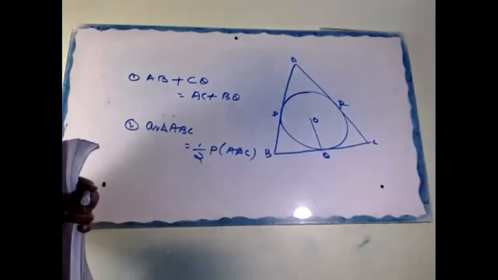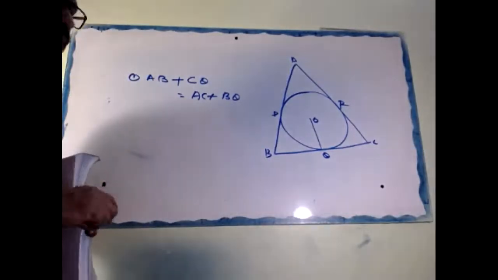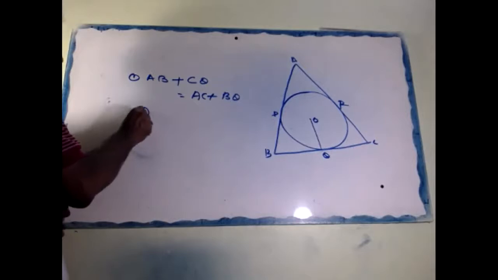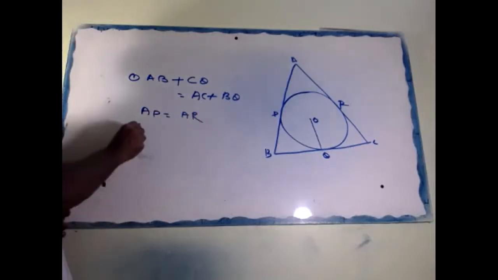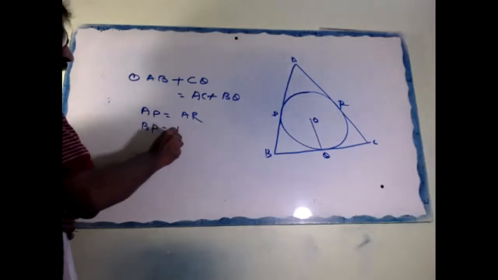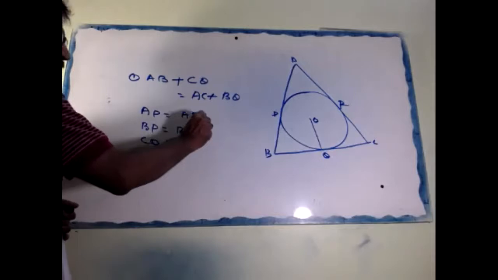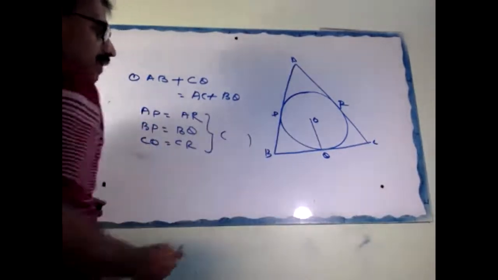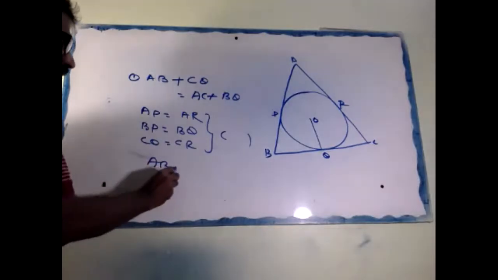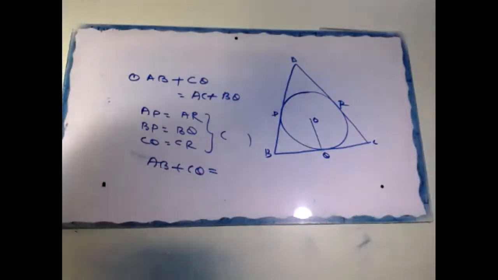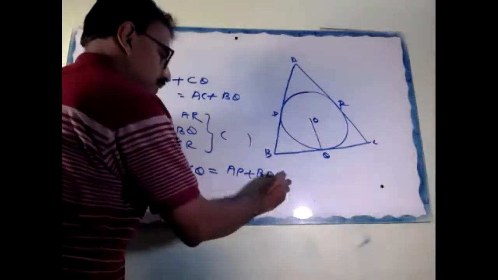First of all, you know AP equals AR, right? AP equals AR, BP equals BQ, CQ equals CR. All the same reason: tangents from an external point are equal. We want AB plus CQ, so we can write AP plus BP plus CQ.